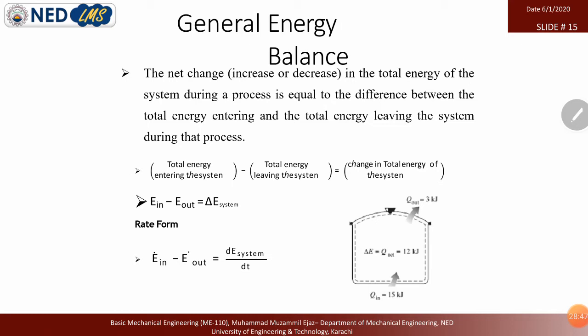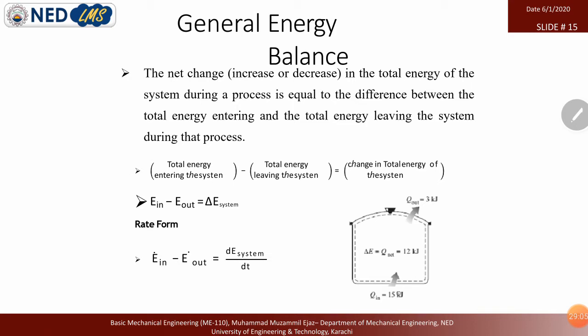So the net change, increase or decrease, in the total energy of the system during the process is equal to the difference between the total energy entering the system and the total energy leaving the system. We are talking about the closed system right now, but later, when we move on to the open system, there will be many more variables in it.